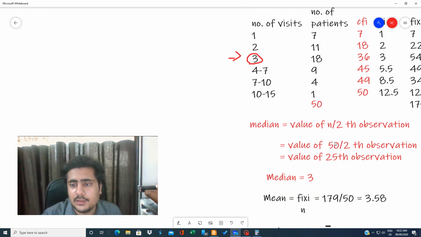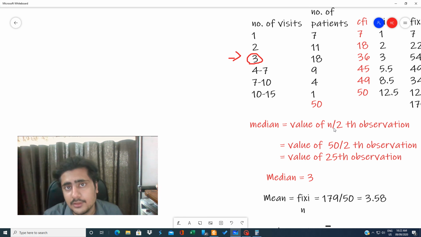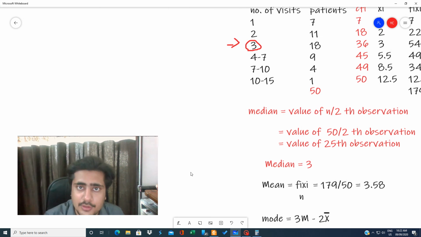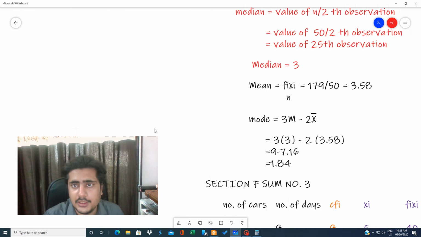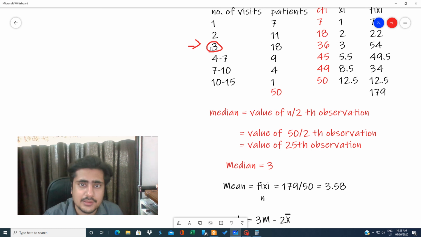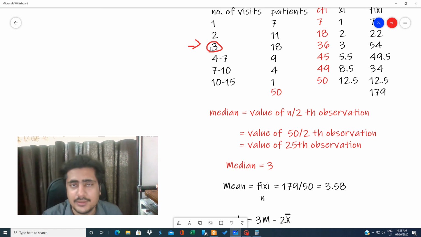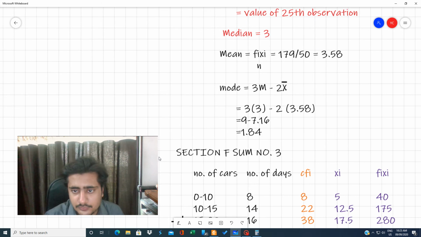We have taken median as n upon 2. There might be a doubt that the median should be n plus 1, but no. Because classes are there, it should be done like this, n upon 2. Then we have found the median, and the median was quite simple.